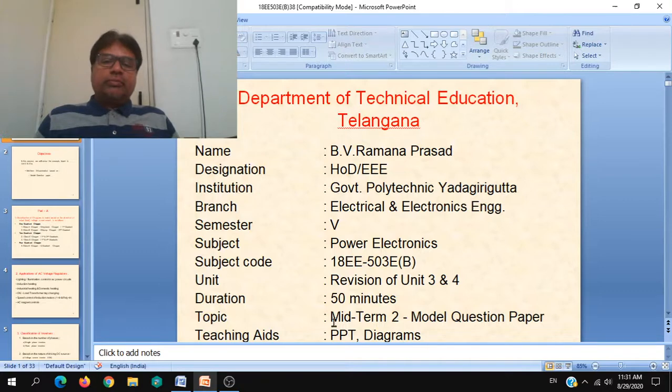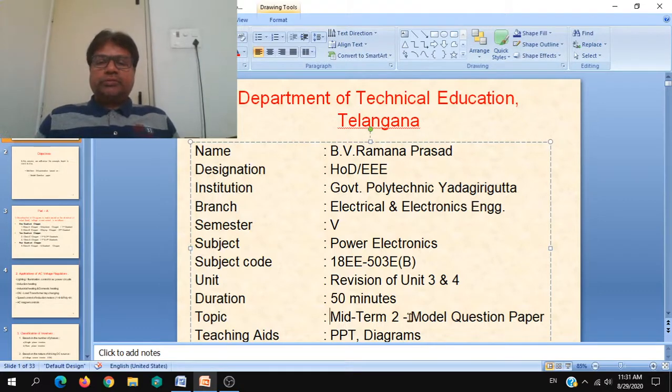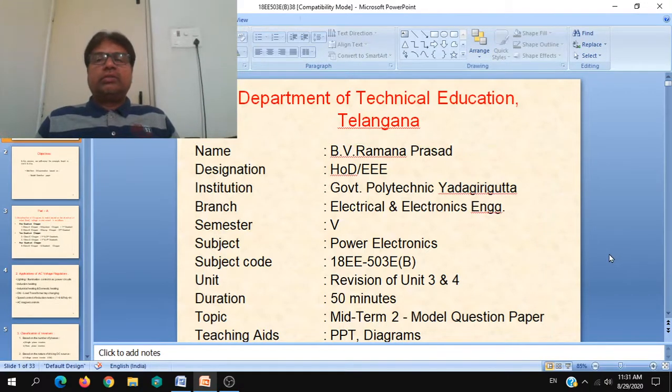Again, to start with, the midterm 2 examination comprises the syllabus for unit 3 and 4, that is AC regulators and choppers, and inverters and cycloconverters.